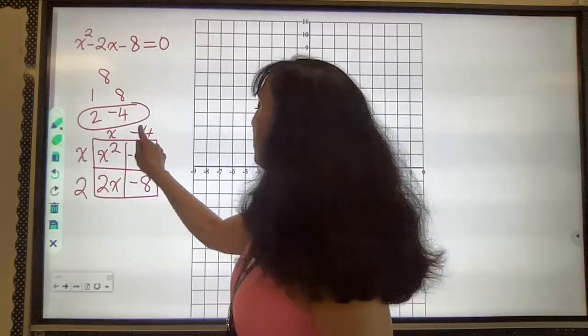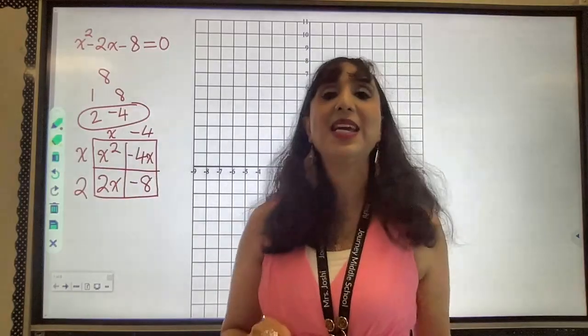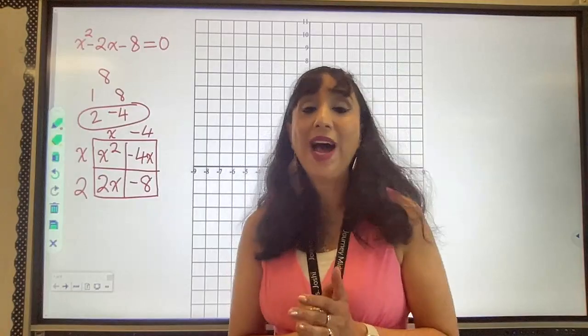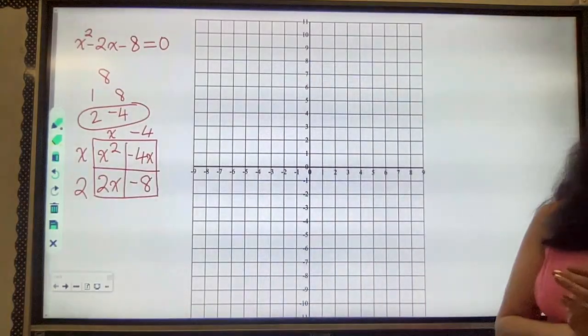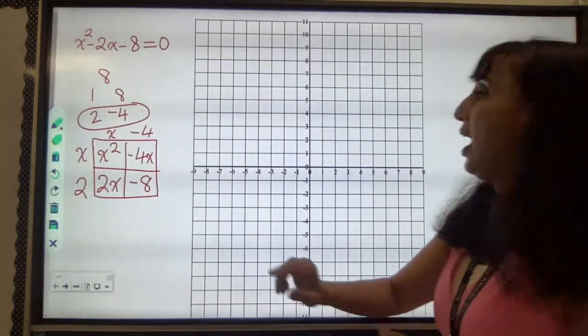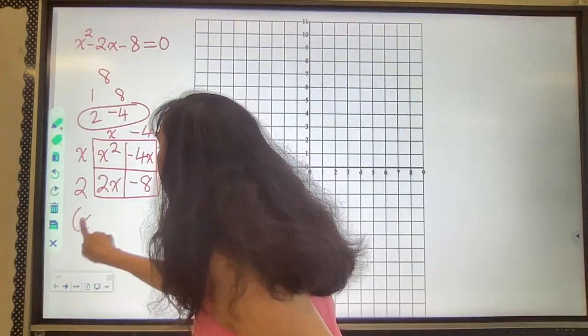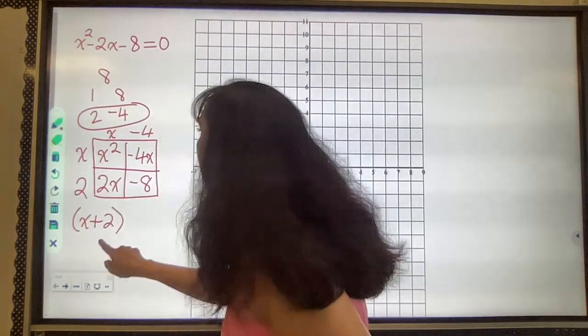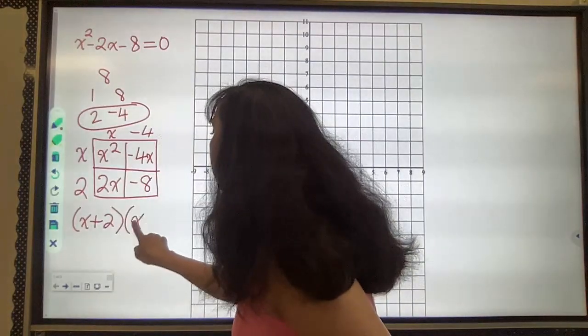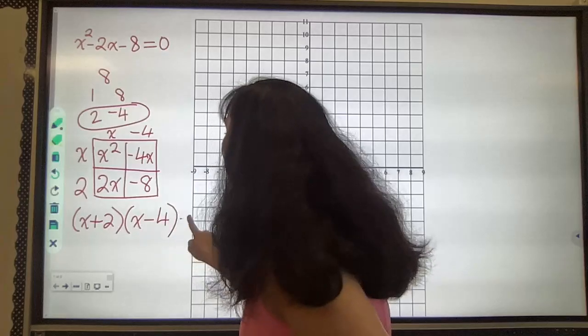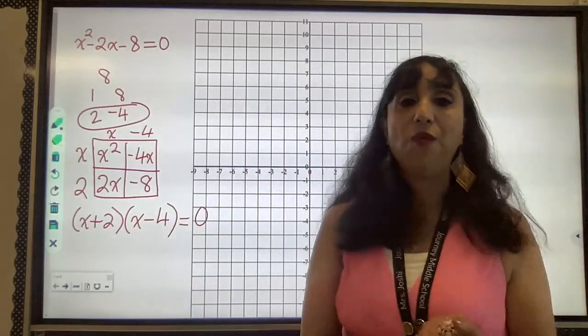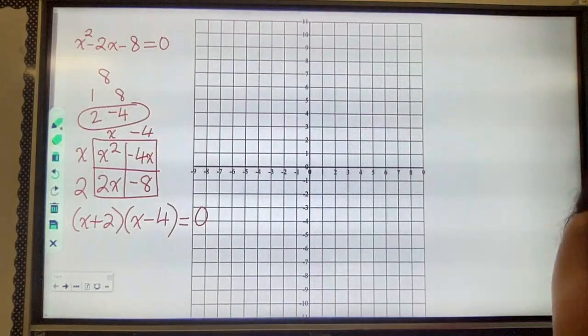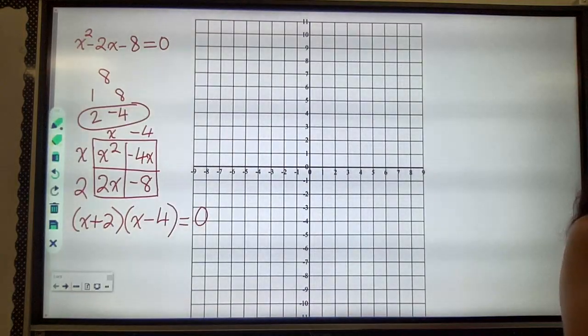And is 2 times -4 giving me -8? Yes. So what are my factors now? I have x plus 2 and x minus 4 is equal to 0. Okay, because those are my factors. So I factored the trinomial.